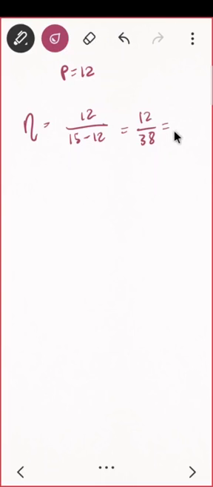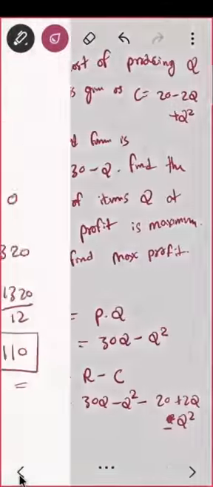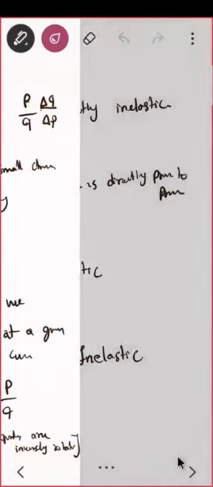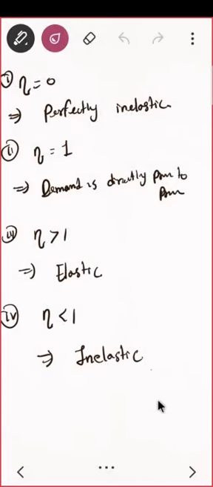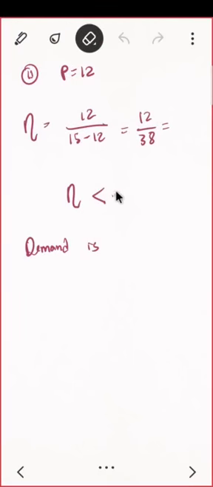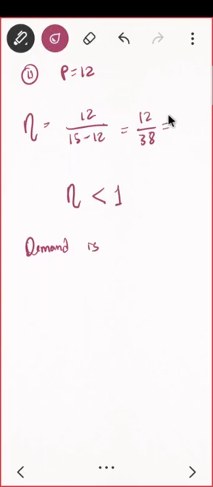It will be less than 1, so 0.3 something. We did this earlier: when nu is less than 1, demand is inelastic. So the answer is inelastic.